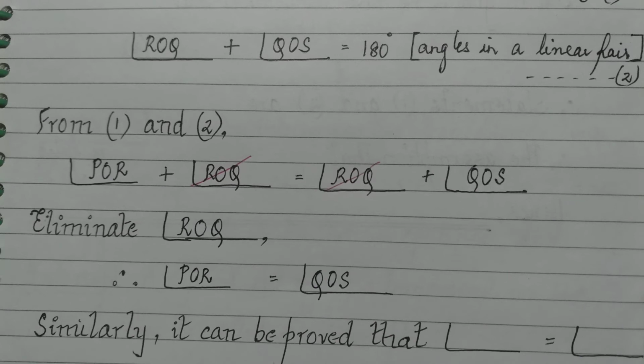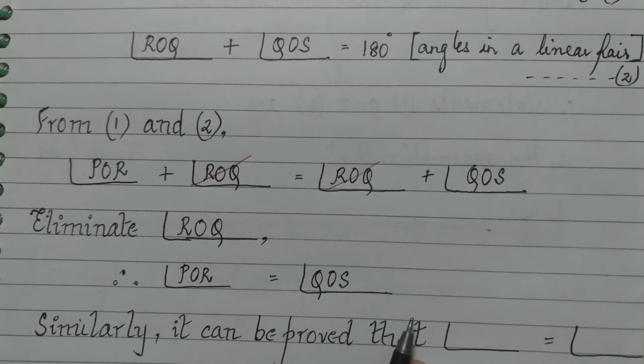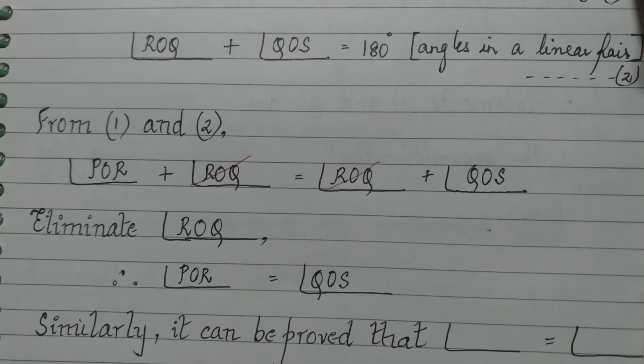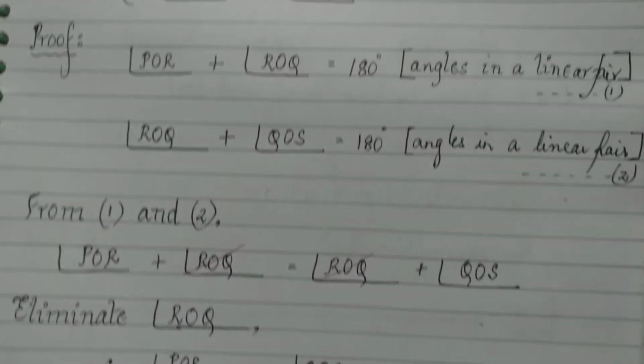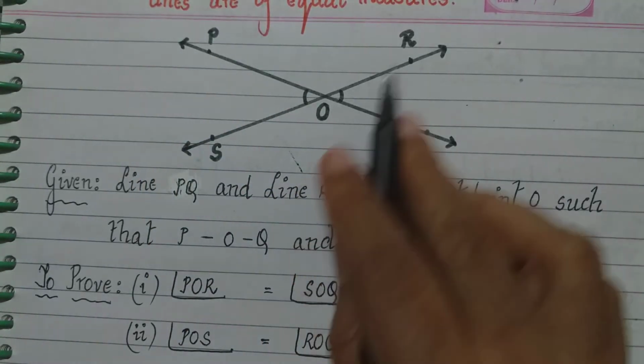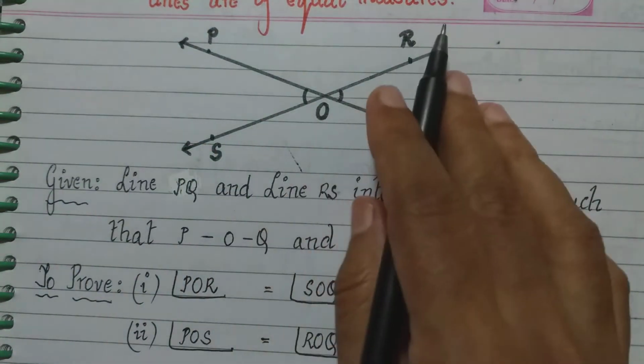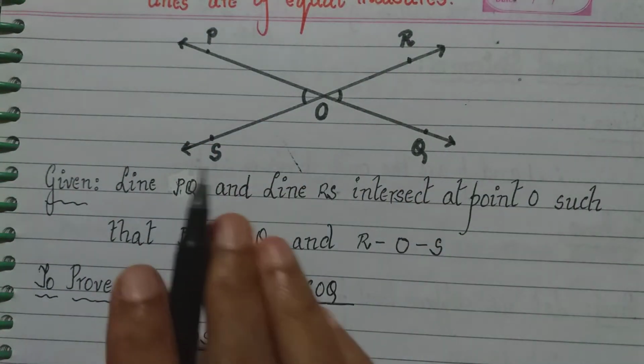So that means I have proved one pair of opposite angles, one pair of angles, are congruent to each other. Let us confirm whether this is one pair of opposite angles: angle POR and angle QOS. Look at the figure, angle POR and angle QOS. So that is one pair of opposite angles.